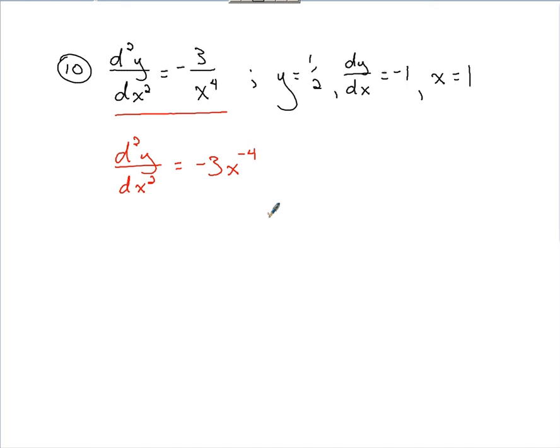Now if we know where we're going with this, based on the problems we've already done, at some point we're taking the antiderivative of each side, right? Now what if I take a slightly different approach here and just take the antiderivative? If you take the antiderivative of the second derivative, what do you get? You get the first derivative, right? So taking the antiderivative at this point means this side would become dy/dx.